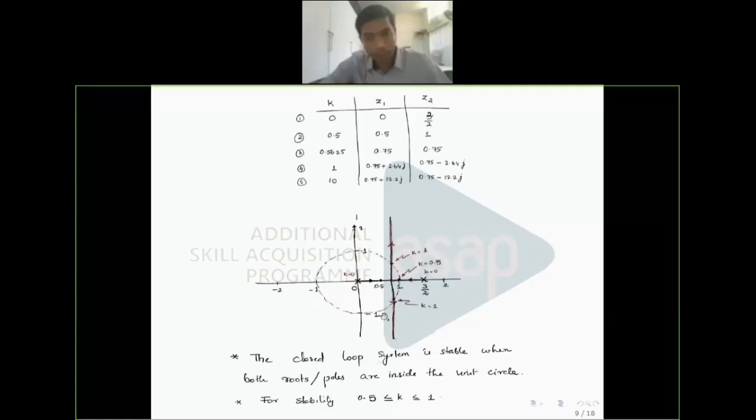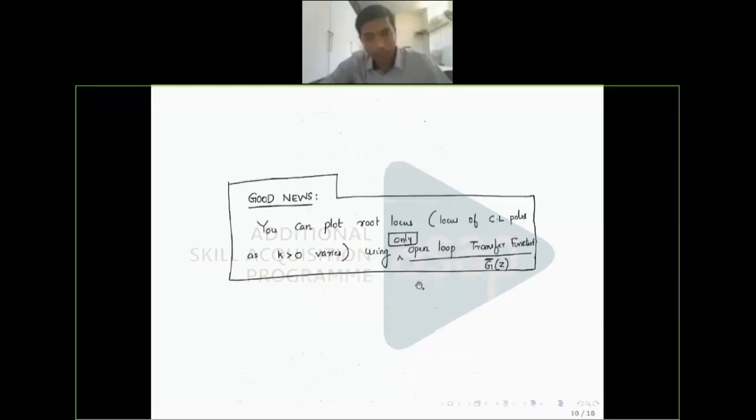So the range of values of K for stability in this case is 0.5 to 1. If K is less than 0.5, one of the poles is outside the unit circle. If it is greater than 1, both the poles are outside the unit circle. Hence for stability, you need the gain to be between 0.5 and 1.